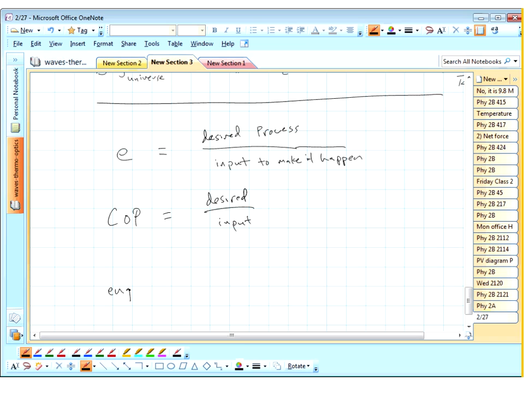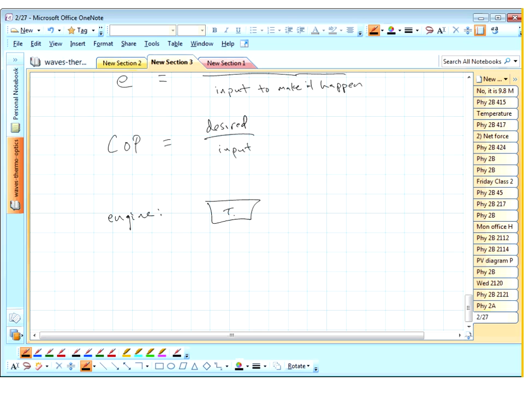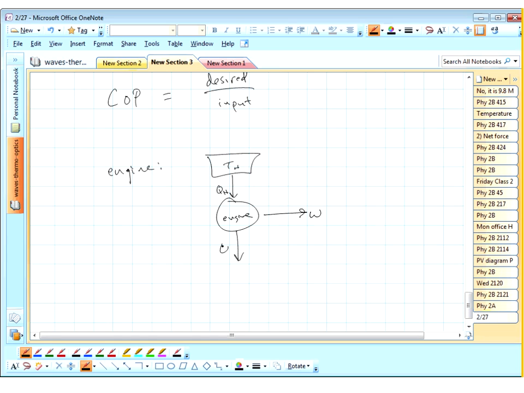Same for this. So for an engine, it is doing work, right? We put energy into our engine, we get work out, and we have some exhaust, right? Because of friction, or we lose a little bit of heat to the environment.